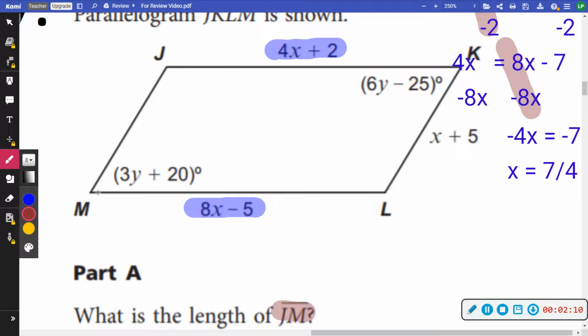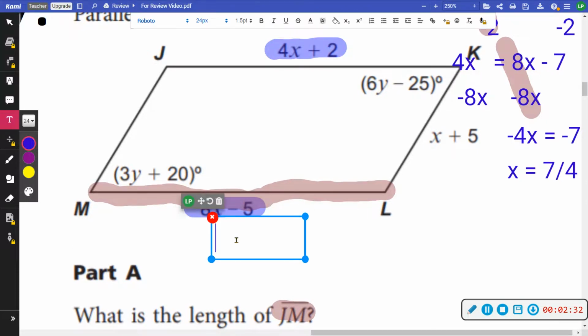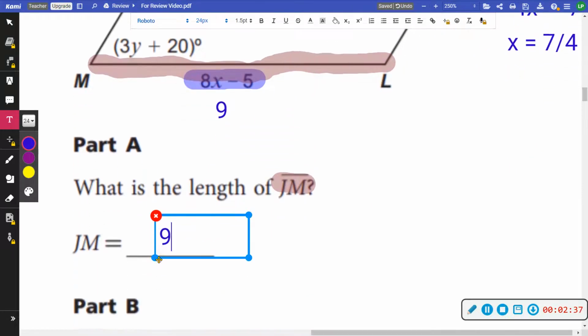That would be from here to here. We have an expression for that. So I would take 8 times 7/4 minus 5. Now I'm plugging 7/4 right there, minus 5, I get 9. So that's 9 long. JM is 9.